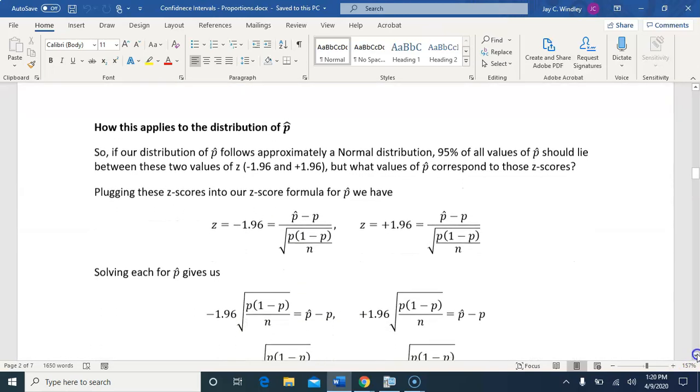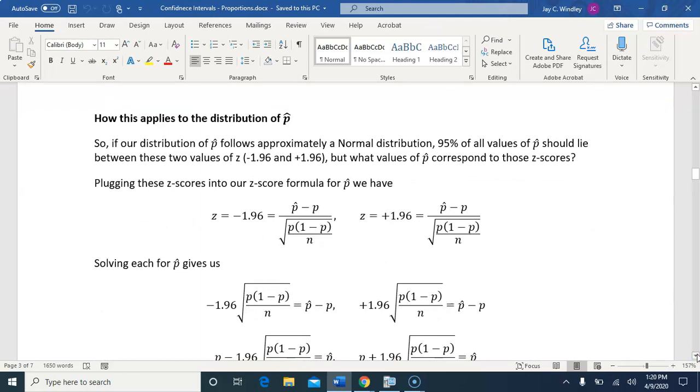Okay, so if our distribution of p-hats is approximately normal, then we should have about 95% of our p-hats falling between the z-scores of negative 1.96 and positive 1.96. But the question is, what values of p-hat would give us those two z-scores?